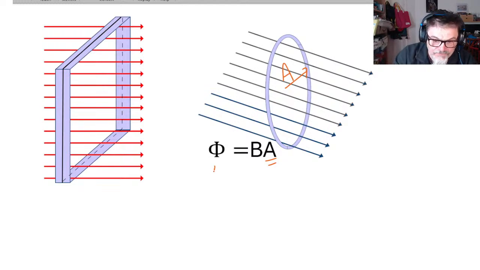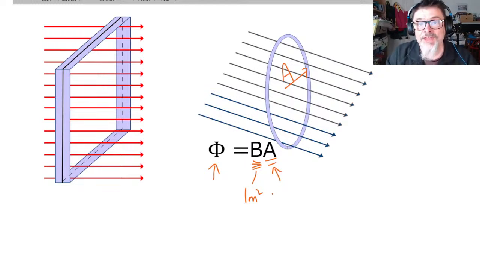That means that the magnetic flux going through that coil is the number that you would have going through 1 meter squared multiplied by the size of the actual area. So if the area is a quarter of a meter squared, then obviously you have a quarter times B, which is the number that would go through 1 meter squared. So actually it's really straightforward.